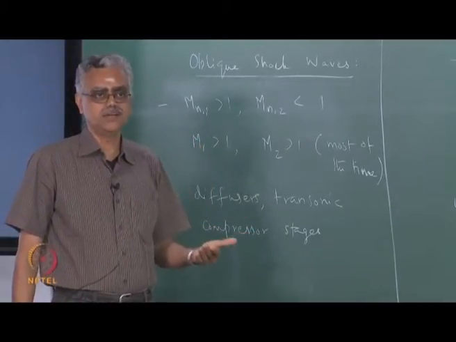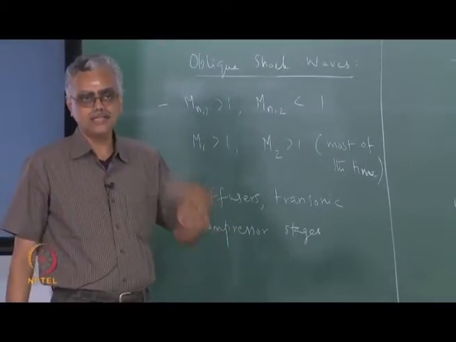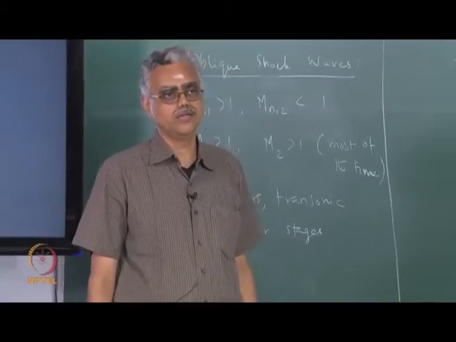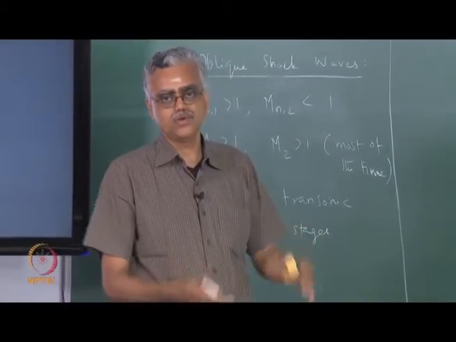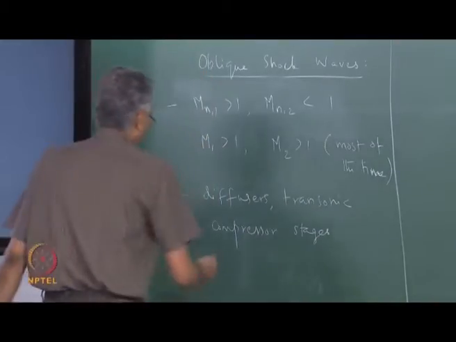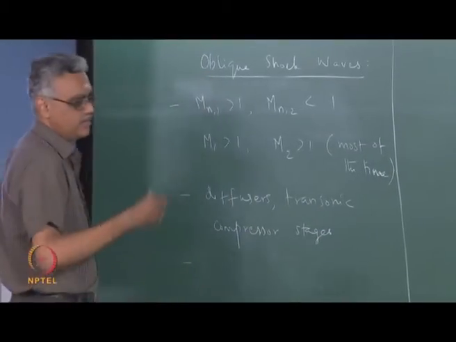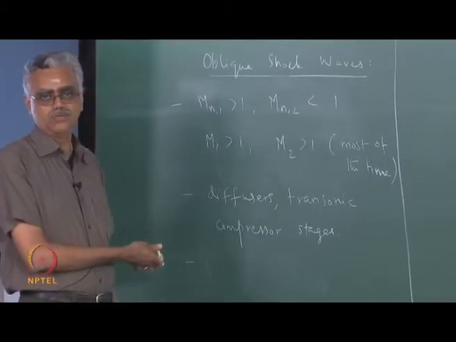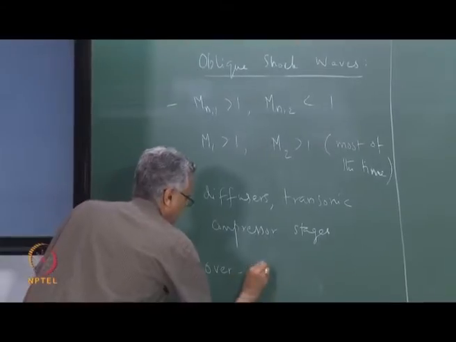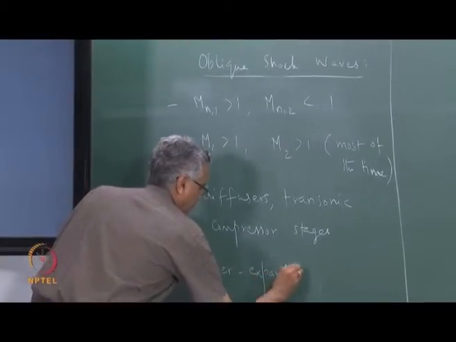There are other applications where you do not really control this, and that is what we saw when we discussed nozzle flows, over expanded nozzles. When it comes outside, there is a shock wave, that is an oblique shock wave, that is generated which compresses the flow, right. So, there the strength is determined by the back pressure and the nozzle geometry, right? So, this appears also in over expanded nozzles.